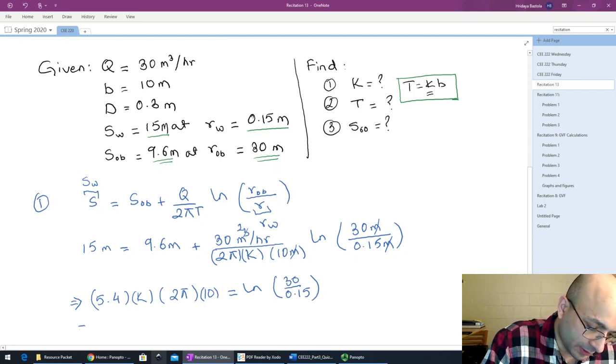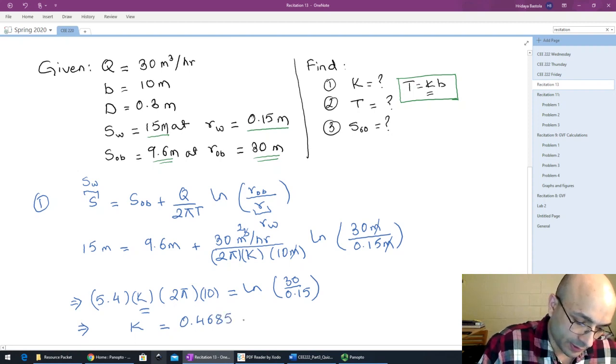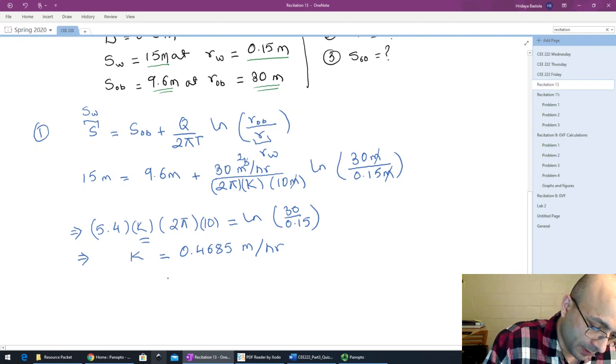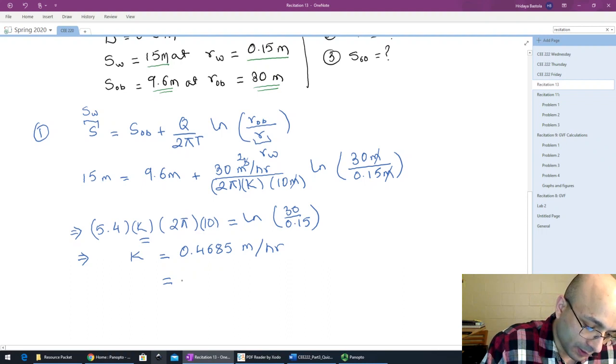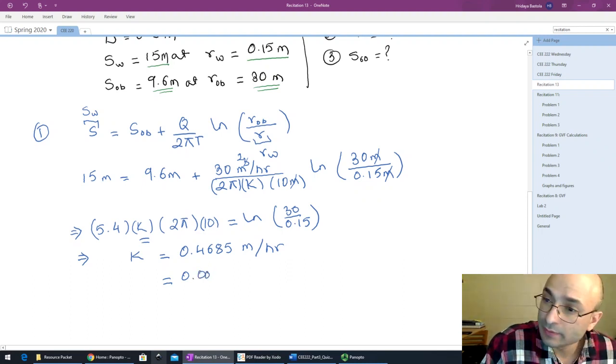You can solve for K, and I'll give you a K of 0.4685 in units of meter per hour. And you can divide it by 3600 to get K in meter per second. That will be 0.00013 meter per second.